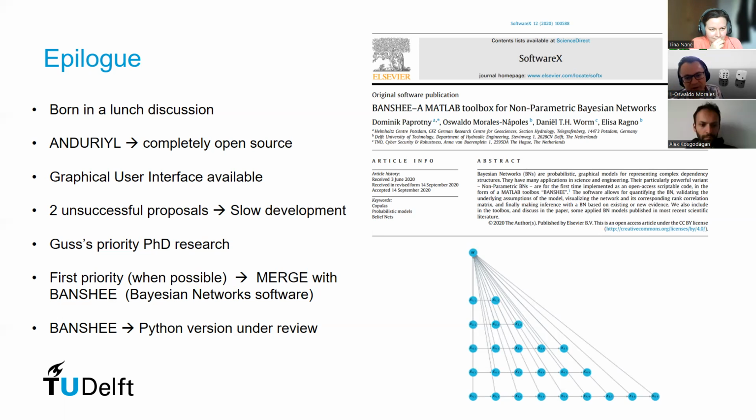If you have some nice ideas for getting some money, or better, if you have some money, please let us know, because we have some good programmers that could use it to keep developing Anduril. Who's priority is now the PhD research, and that's also why the development is being slowed down.